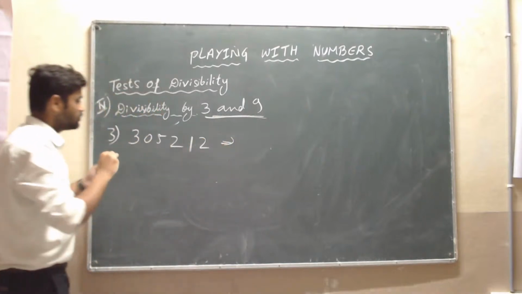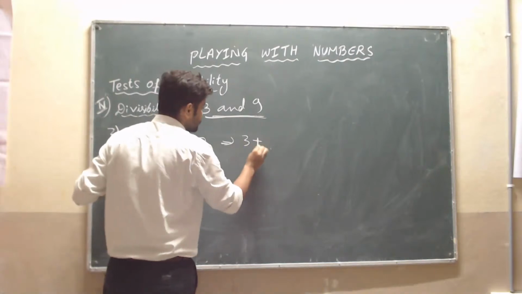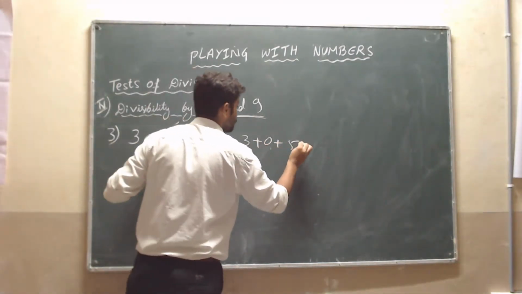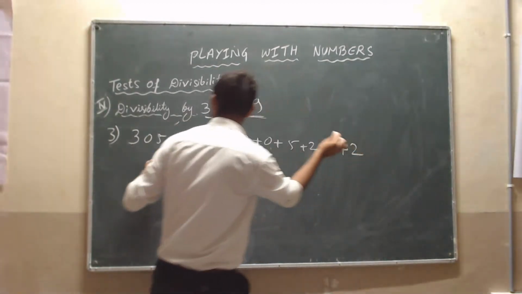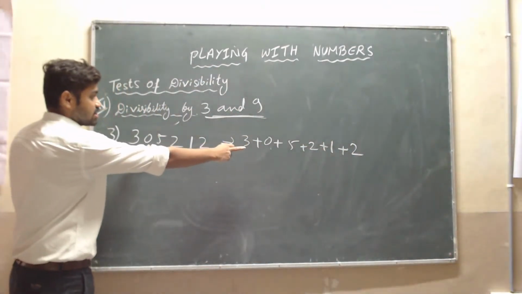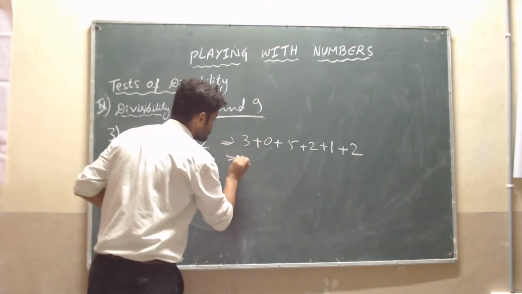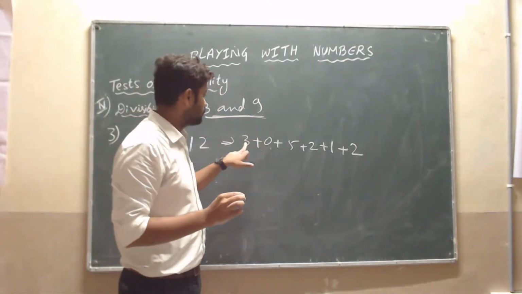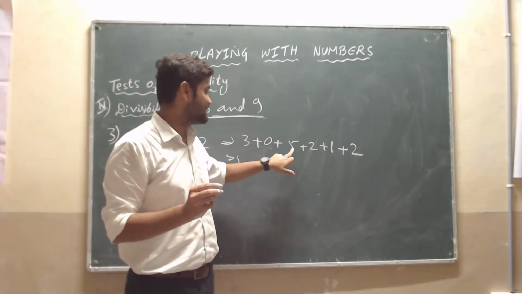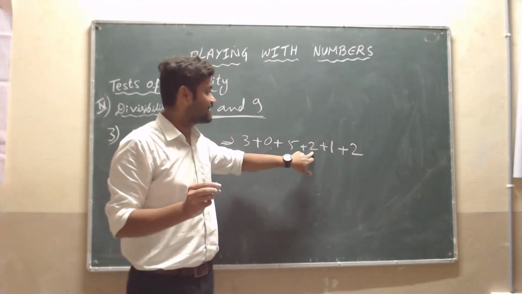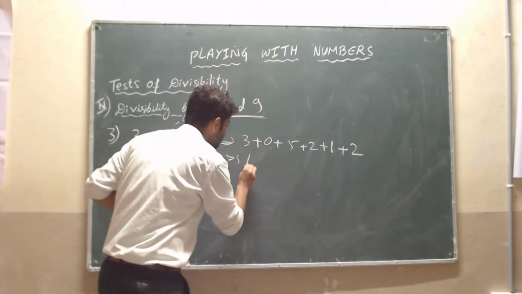First, we have to add these digits: 3 plus 0 plus 5 plus 2 plus 1 plus 2. 3 plus 0 is 3, 3 plus 5 is 8, 8 plus 2 is 10, then 11, 12, 13. 13 is the answer.